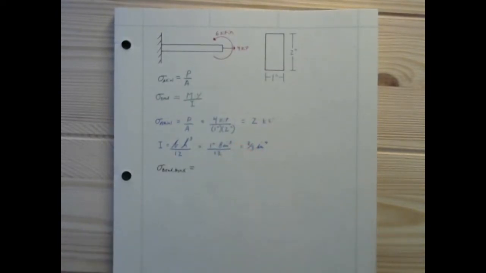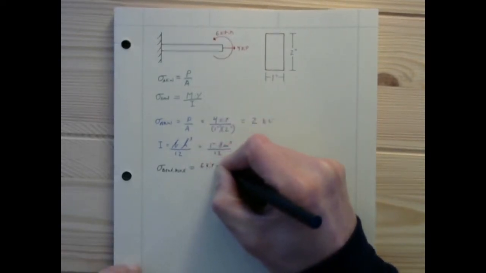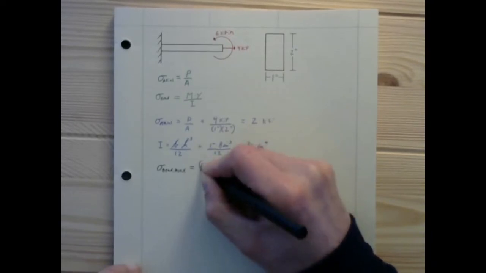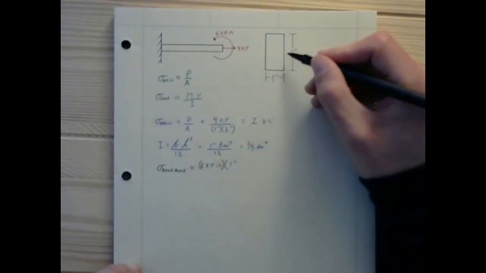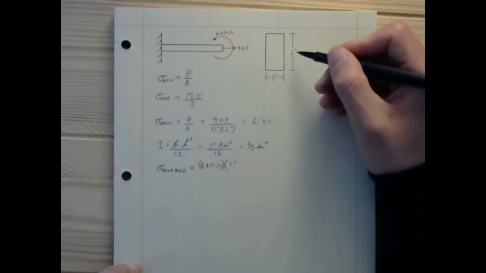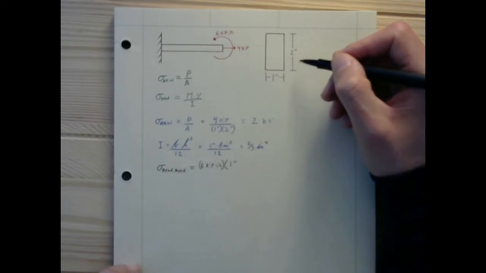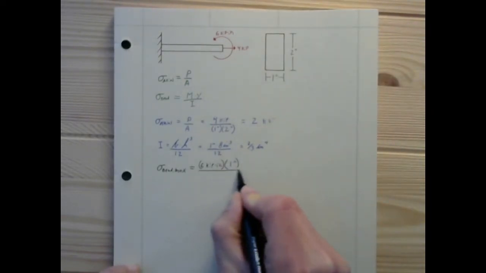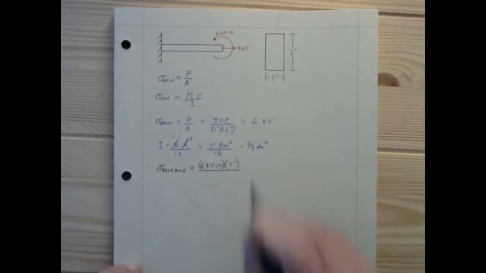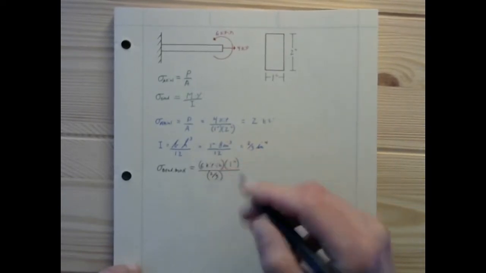But that's going to be, well, 6 kip inches times 1 inch, because the neutral axis for pure bending on this is going to be the middle, divided by 2/3.